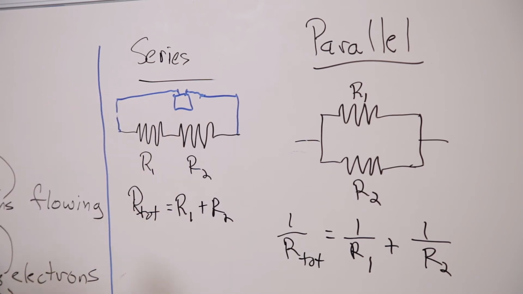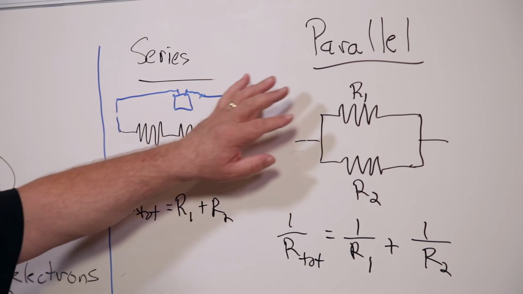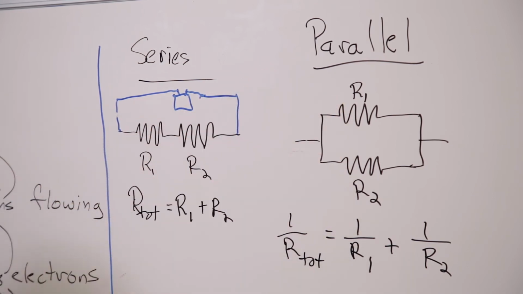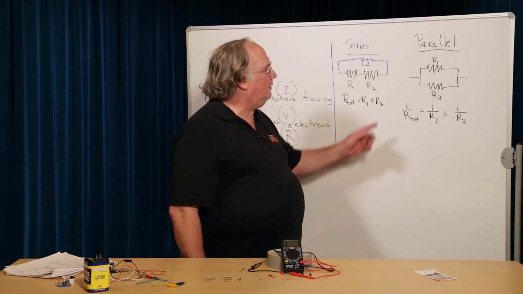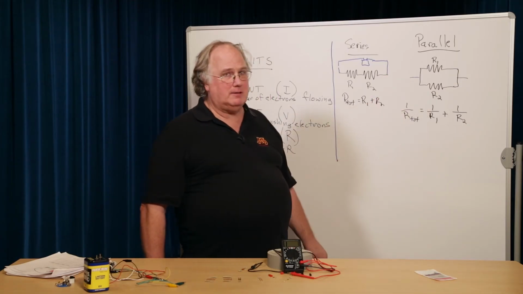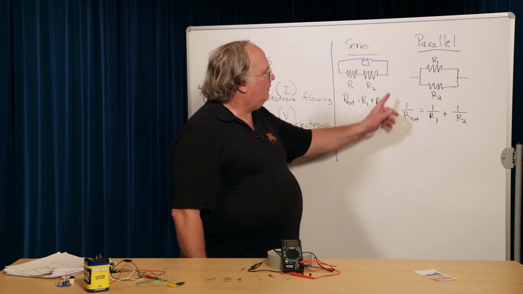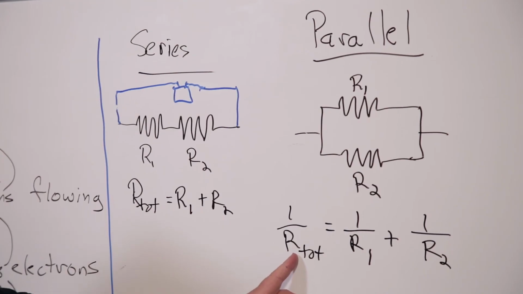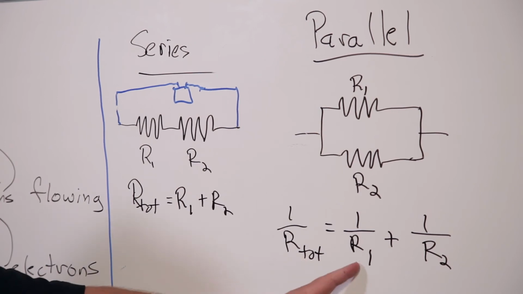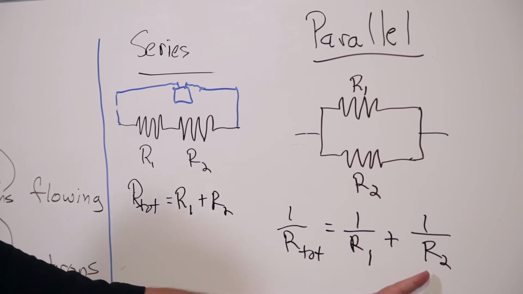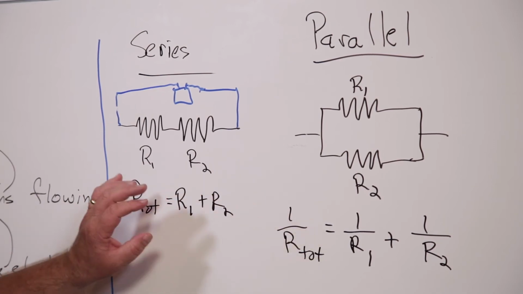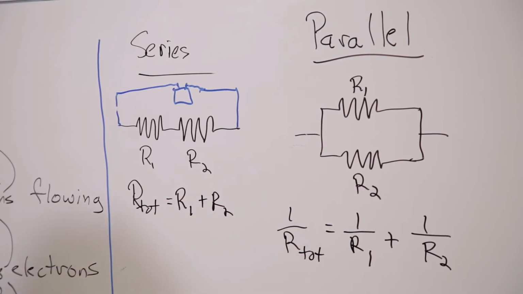They have to go through R1 and R2, and in this case, they can go through R1 or R2. And the equivalent resistance for this is quite different. The way to find it is you take 1 over the total resistance equals 1 over R1 plus 1 over R2. This may look similar, but if you plug some numbers in, you find out it isn't.